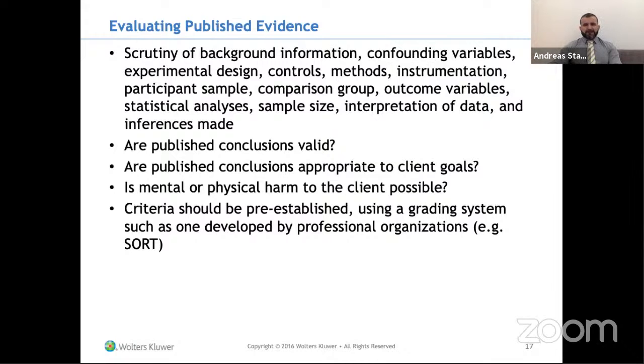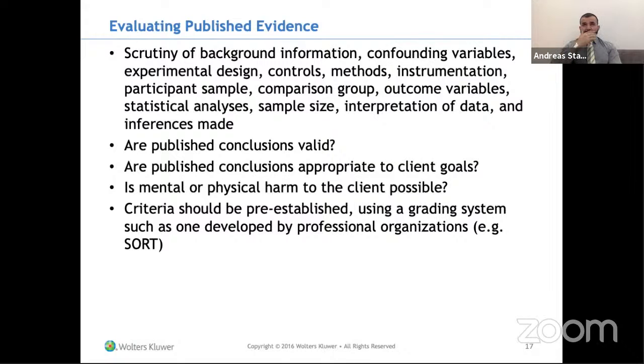Including my own research. It's not always the best evidence out there. You do what you can, right? But when you're reading research, the mere fact that it's published doesn't say everything. We have to search a little bit deeper.